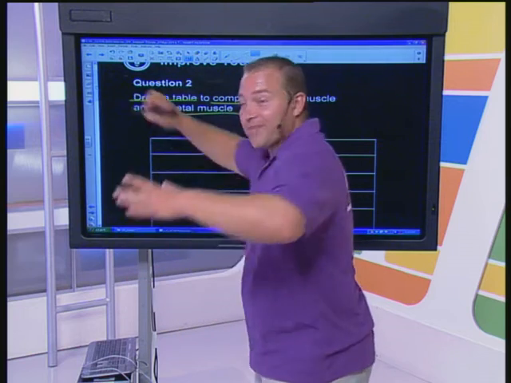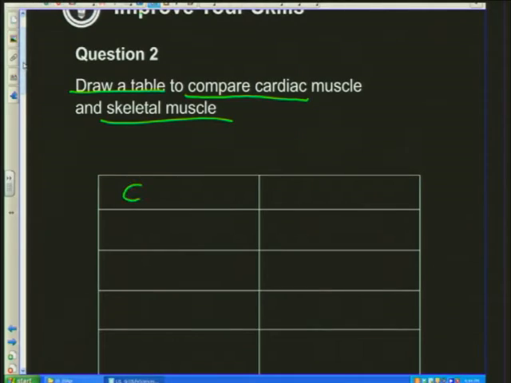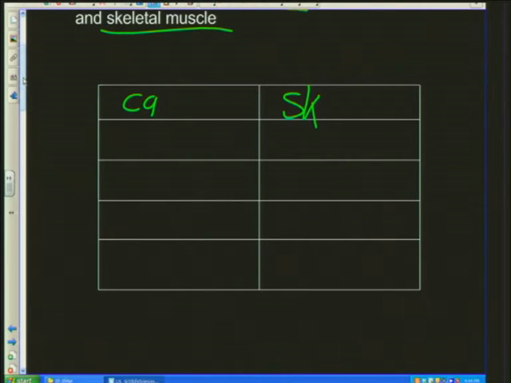Right. So, we did the difference between cardiac, so I'm going to say CA, and skeletal, so SK, muscles. What is the difference between them? Firstly, this one is striated. Let me erase this piece.